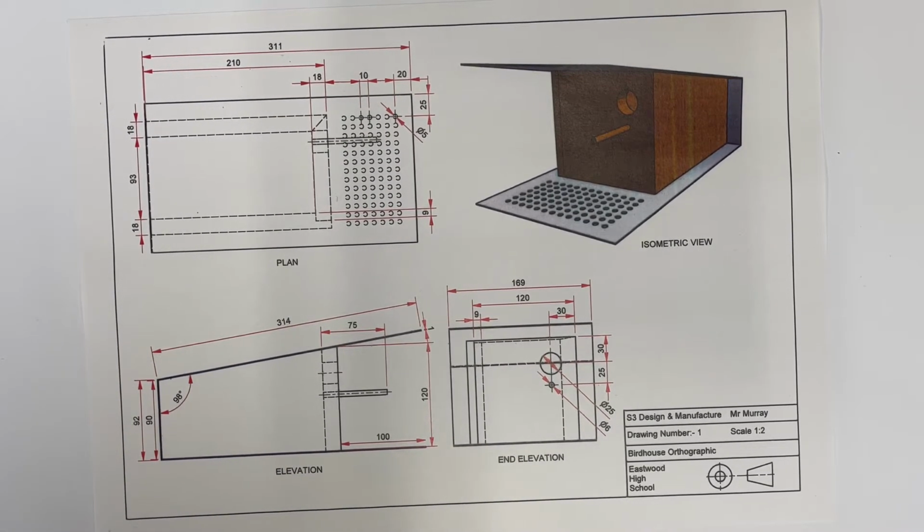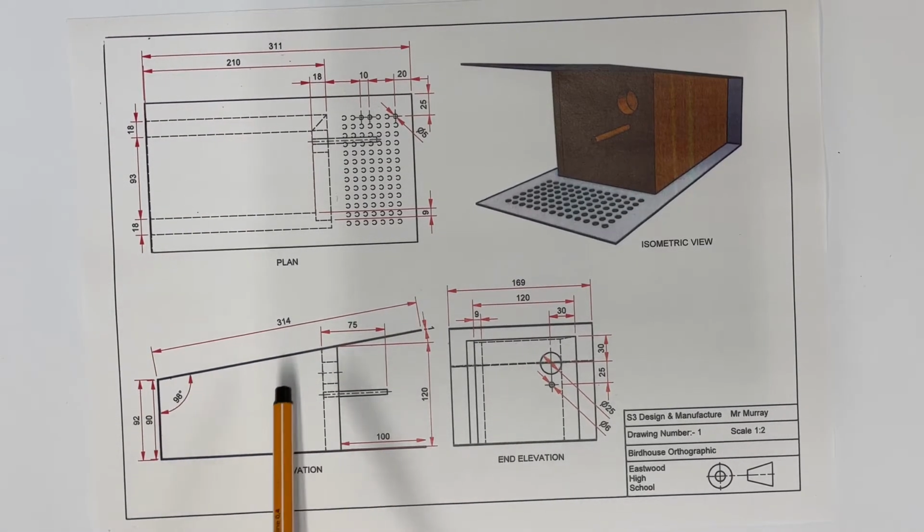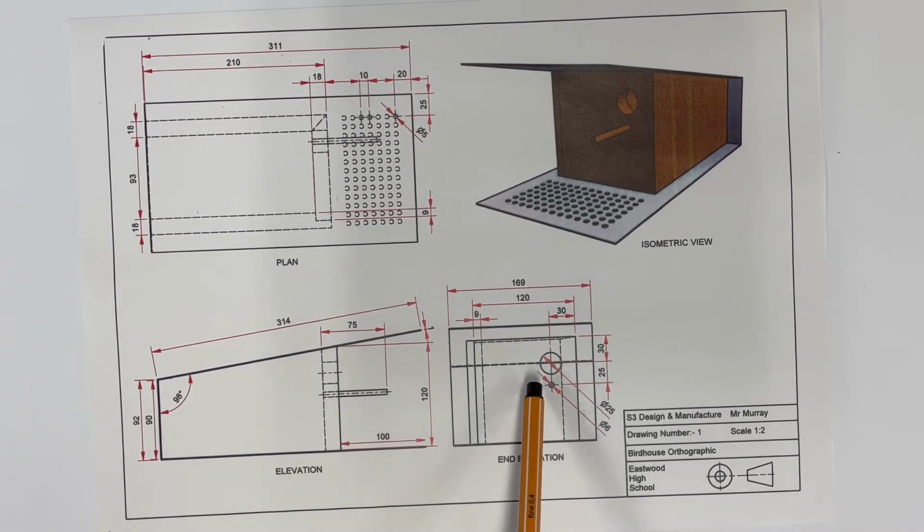So basically, during manufacturing, a technical drawing like this one is often required to find sizes, details of parts and the way that the product's joined together. And this, in its entirety, is called a working drawing. This usually includes an orthographic, which would be the elevation, end elevation and plan.